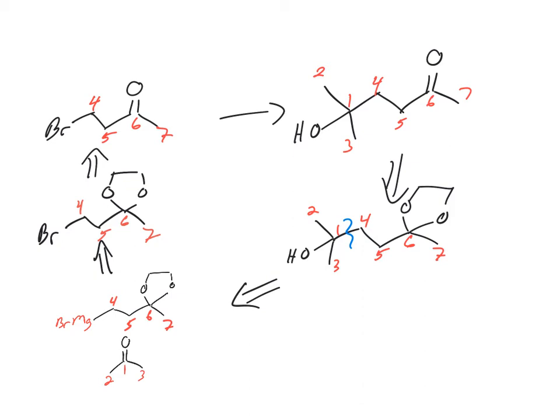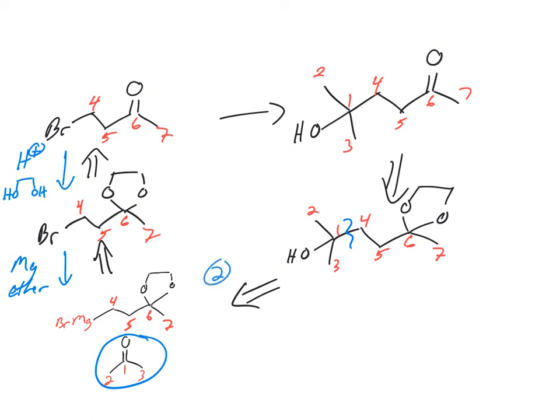So now the forward direction, I would need H plus in the alcohol. The next step, I would need magnesium in ether. That turns into the Grignard. Then I, of course, would add the acetone to that.